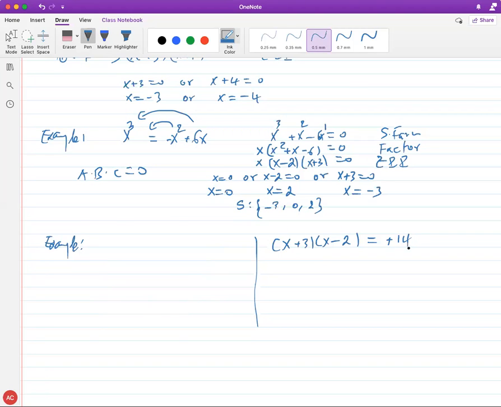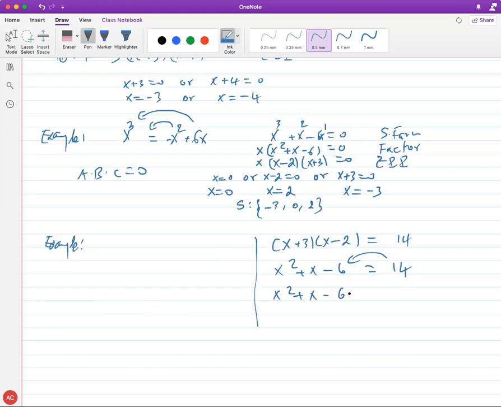Again, we can't use the zero product property. We need to have the equation in standard form, meaning 0 on one side and all the terms on the other side. So before we move the 14, let's distribute this. This will be x to the second plus x minus 6 equals 14. So now we can move the 14 over.